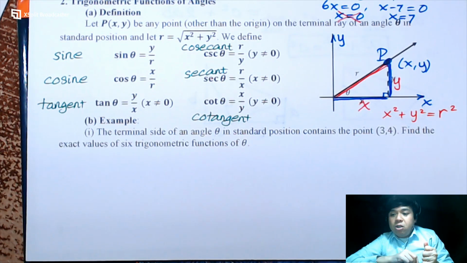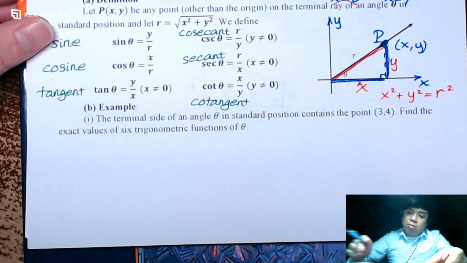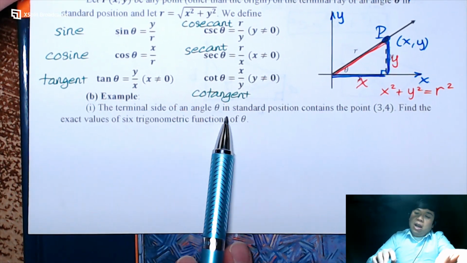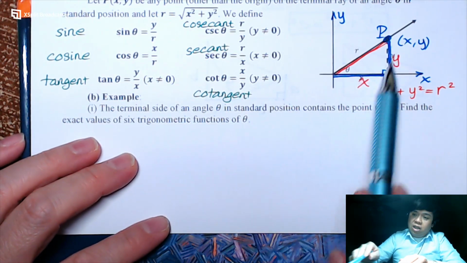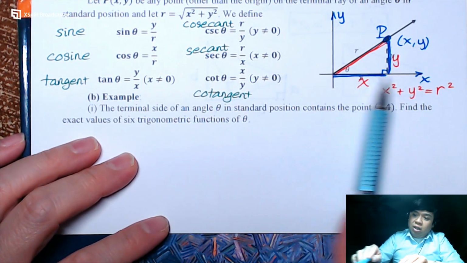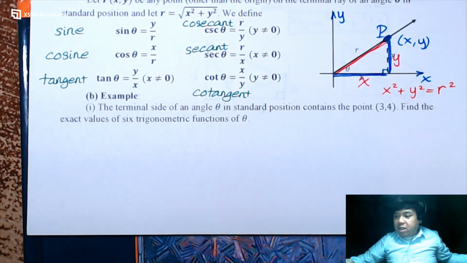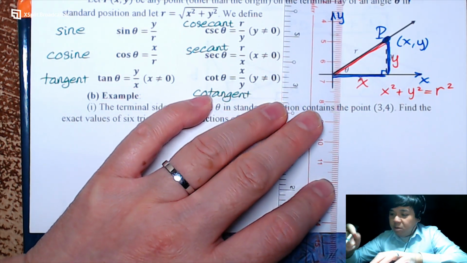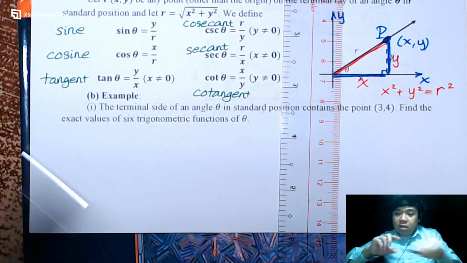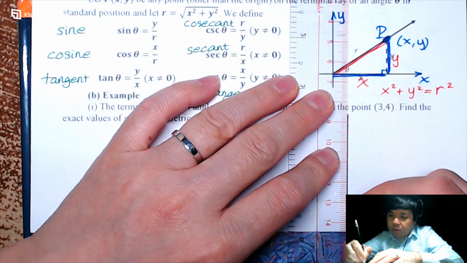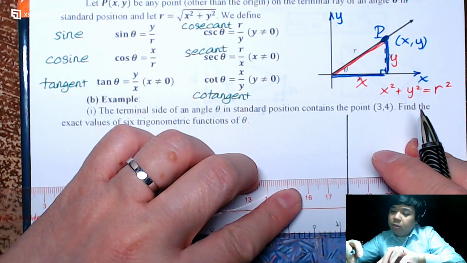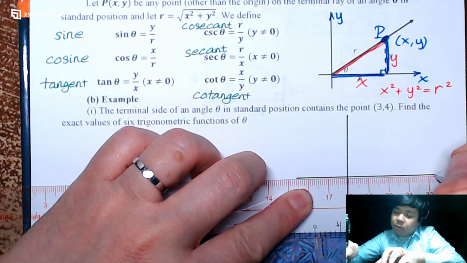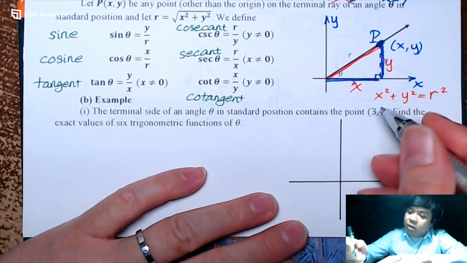Okay, so let's look at an example here. If the terminal side of an angle in standard position, it has to be in standard position, so the initial side is the positive x-axis, corresponds to the point 3 and 4. So let's draw this out. The point 3 and 4.